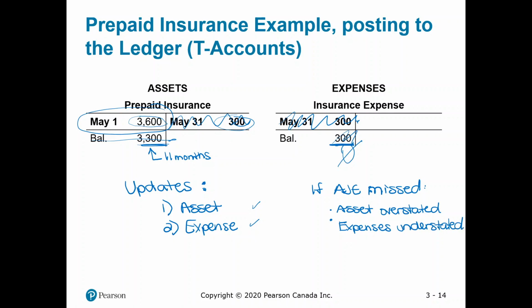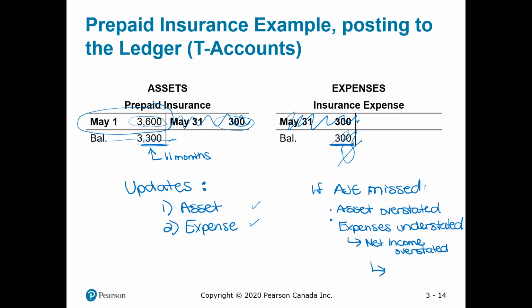And because our expenses are understated, we know that on the income statement we have our revenues minus expenses. So if our expenses are understated, our net income will be overstated because we wouldn't be deducting enough expenses on the income statement.